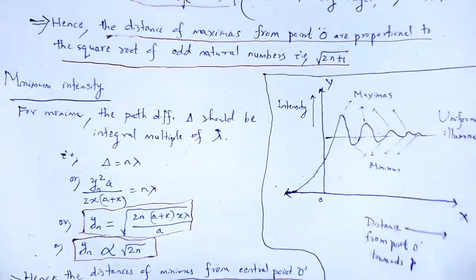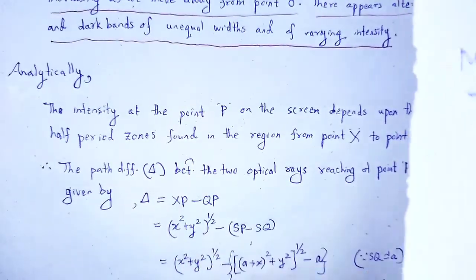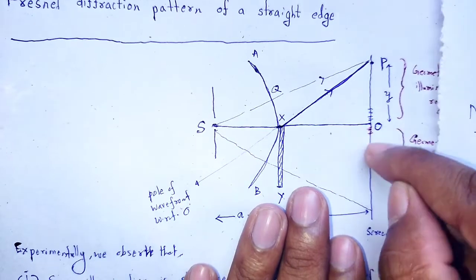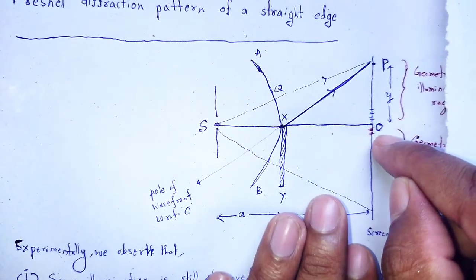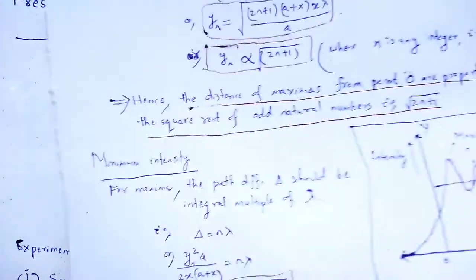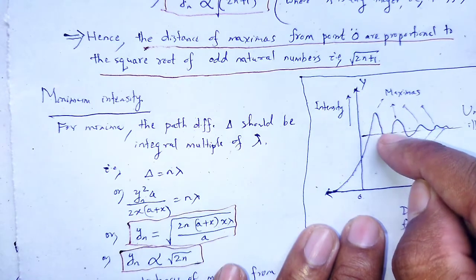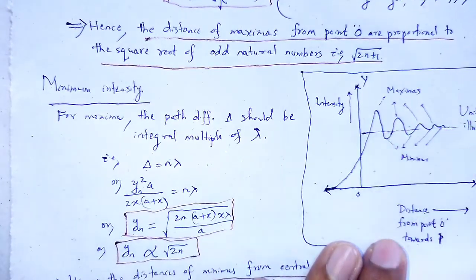Look at that particular figure for the straight edge and compare the intensity pattern distribution. In the shadow region, there will be some kind of illumination; the intensity increases and gradually decreases, having non-uniform width.